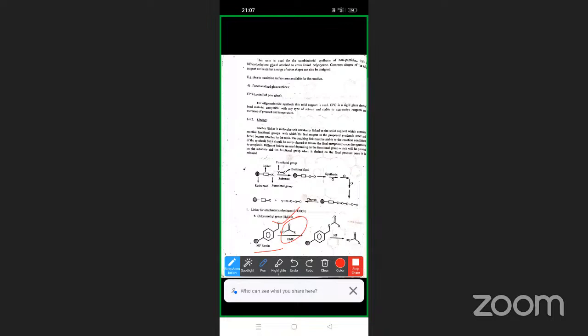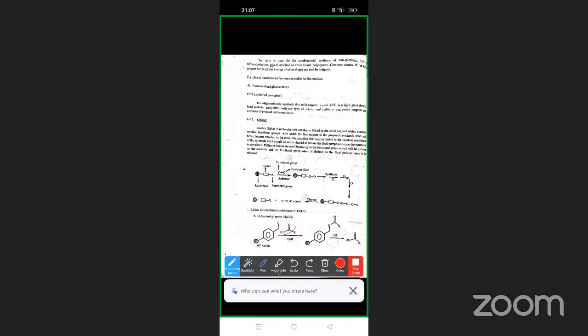So depending on the functional group present on the substrate molecule, you have to choose the respective linker and resin beads. For example, if your substrate molecule has a carboxylic acid group, the suitable resin bead is the Merrifield resin, and the suitable linker is the chloromethyl linker.